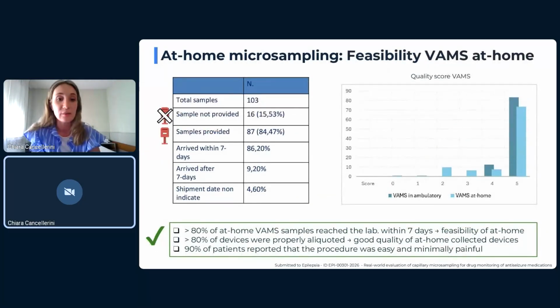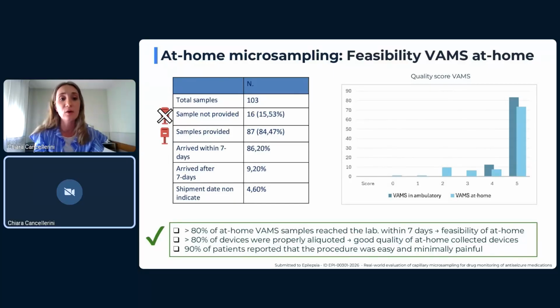Now we speak about feasibility. This was assessed using the survey that I showed you before, and more than 80% of the samples reached the laboratory within 7 days. That, as I said, was the time window that we decided before the analysis, for VAMS stability.